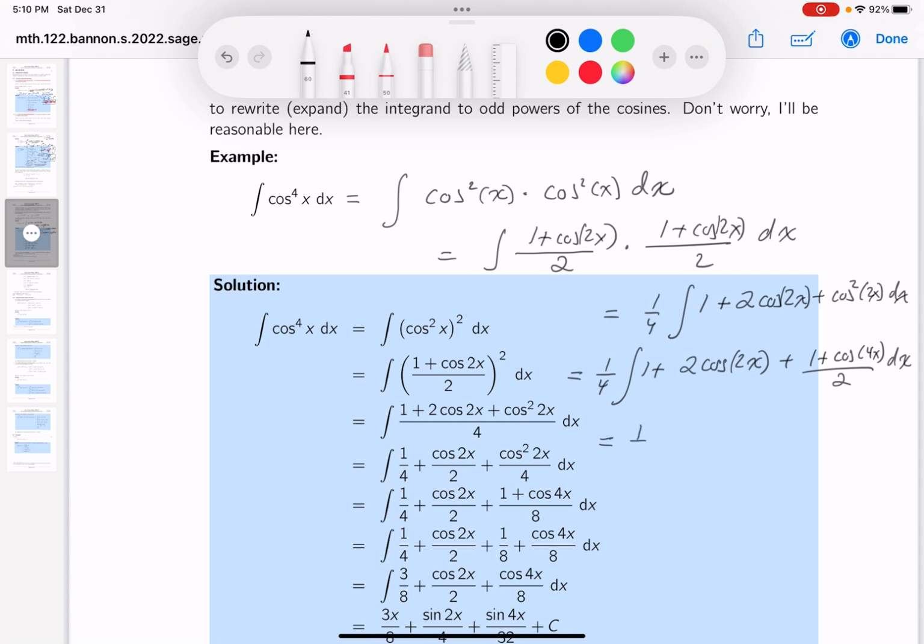It's going to be 1/8. And then what do you get? You get 2 plus 4 cosine 2x plus 1 plus cosine 4x dx. Let's keep going. 1/8, and then what do you get over there? 2 plus 1 is 3. And then I get 4 cosine 2x plus cosine 4x dx.